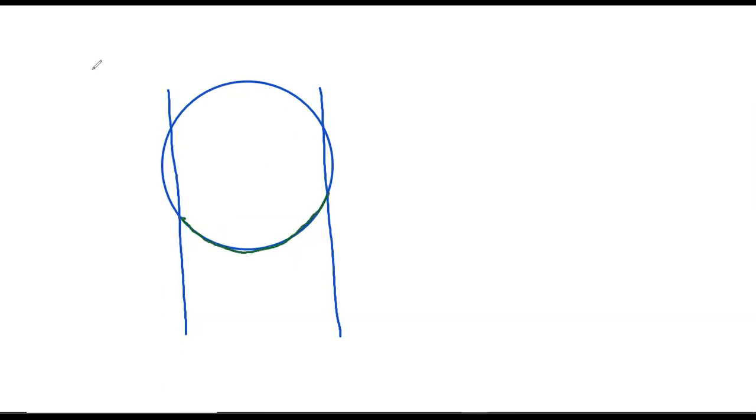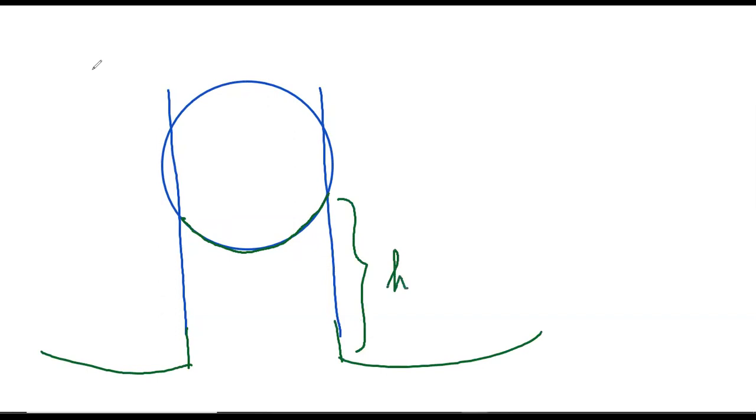I'm considering a concave meniscus, and this is the height to which it has climbed. Let us assume the water level is over here. So this is the height to which it has climbed up. And I have told you that we are considering a liquid of density rho placed where the gravity is g. Now, let us assume that the center of this curvature is here.